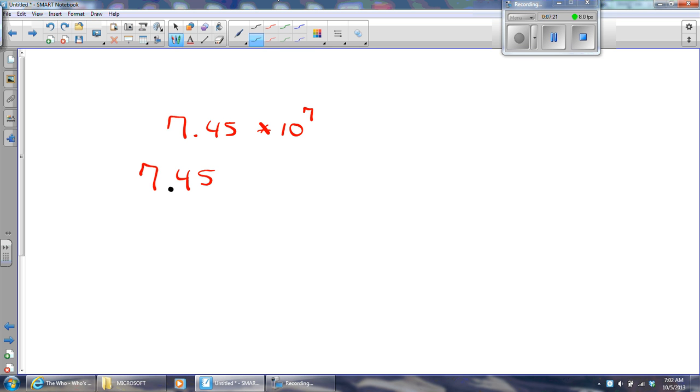Now, I'm not going to just add zeros on. I hope you're not thinking that. Oh my gosh, I'm going to cry if you are. We don't just add zeros. We're going to multiply by 10 7 times. Each time we multiply by 10, the decimal point is going to move. So we're going to move it once, multiply by 10 again, 2, 3, 4, 5, 6, 7. So the decimal point's going to be there.